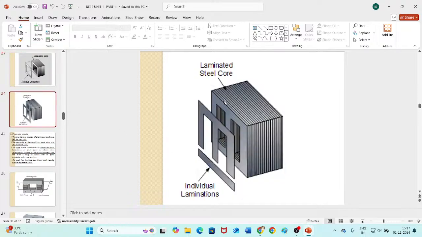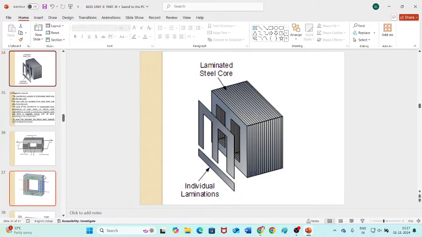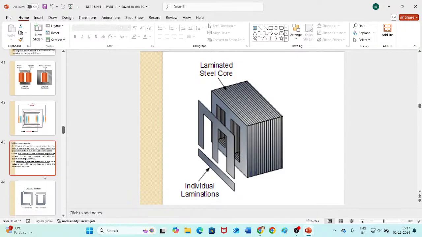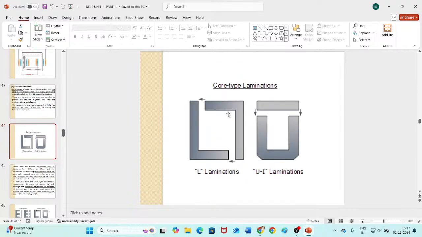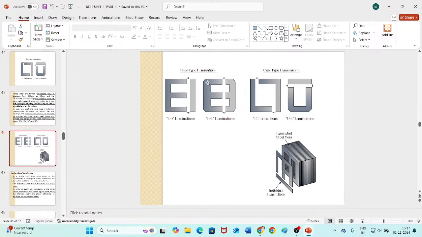Similarly, you can see this is shell type transformer. These are the thin sheets. They are staggered one above another to form the shell type core. To form these cores, for core type transformer they will take two L type laminating sheets and join them together, or they can take U-shaped lamination and I-shaped lamination and join them together.